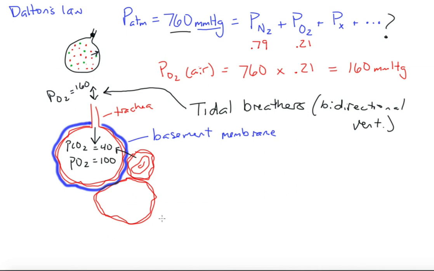Now, remember when we talked about Boyle's law, this is 760 out here, again at sea level. And what's the total pressure in here? We call that P alveolar or intrapulmonary pressure, if you prefer. And it's variable because we're breathing. We're driving our ventilation by changing pressures. We talked about that with Boyle's law.